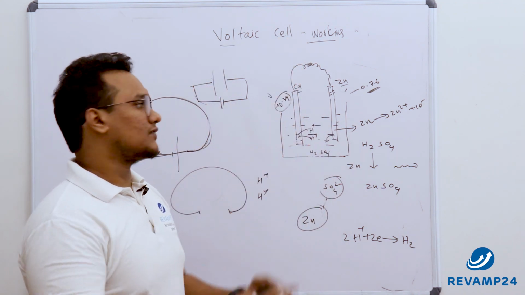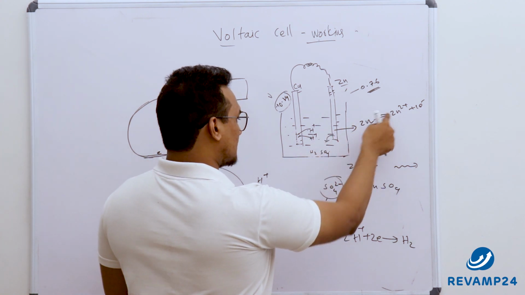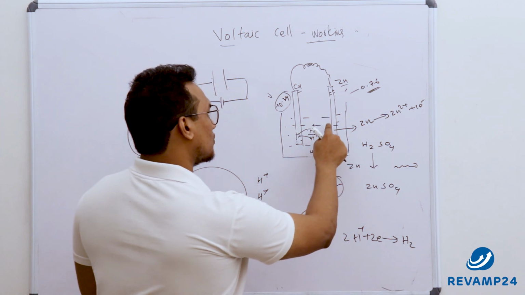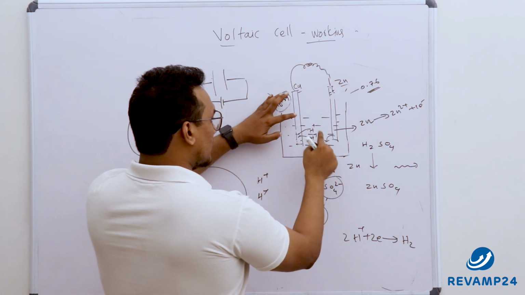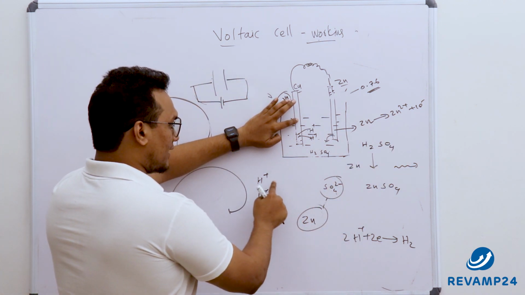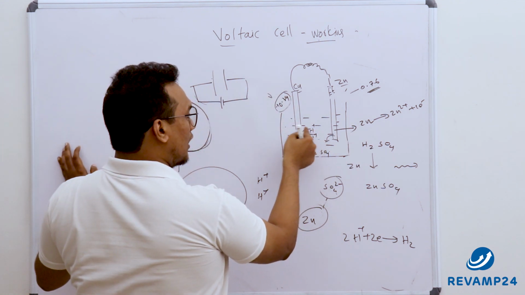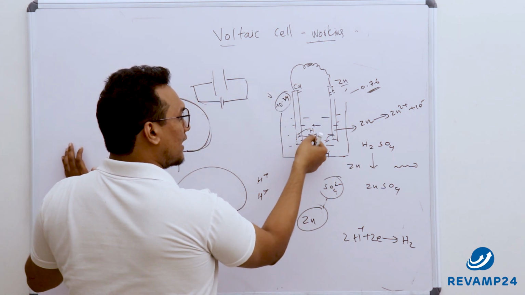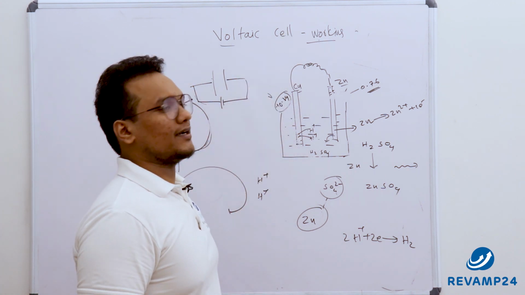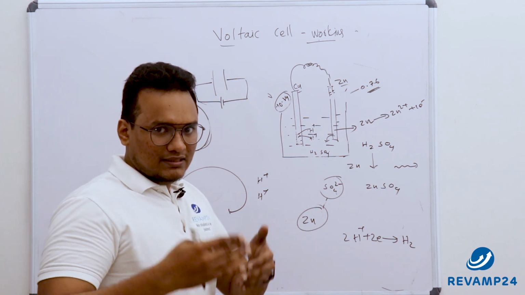So the whole process will be repeated. Zinc will release 2 electrons and Zn2 plus will make a bond with SO4 2 minus. These 2 electrons will move here. When Zn2 plus bonds with SO4 2 minus, there are 2 H plus in the solution. That H plus will go to this copper rod, take the electrons and release hydrogen. The whole process is going on. Till when? Is it till infinity?